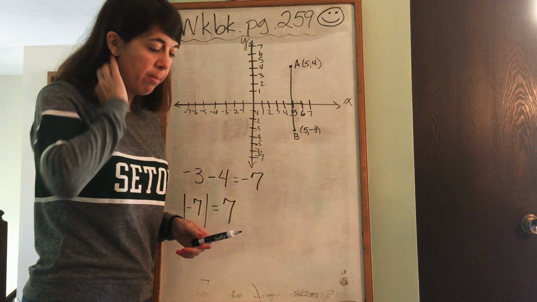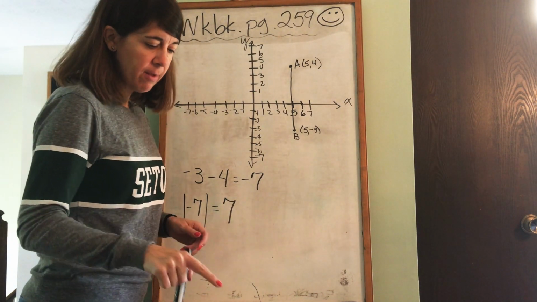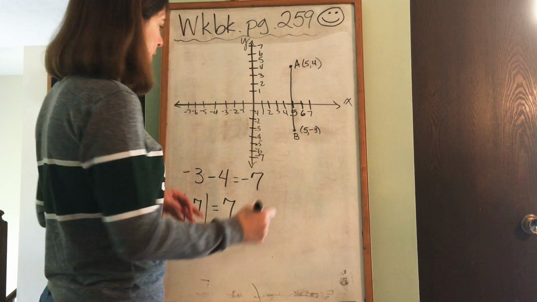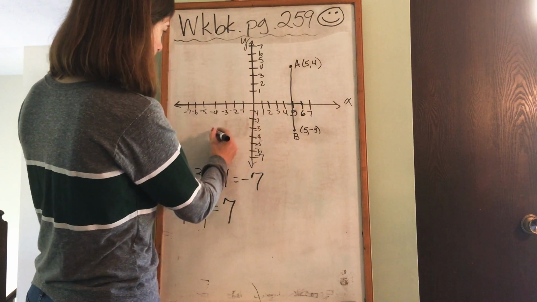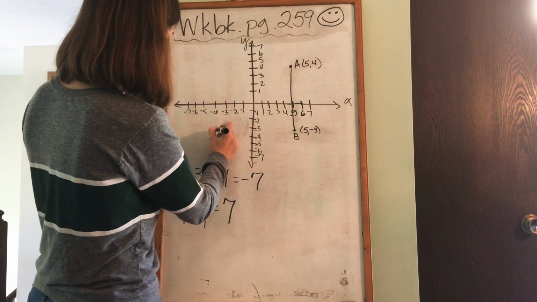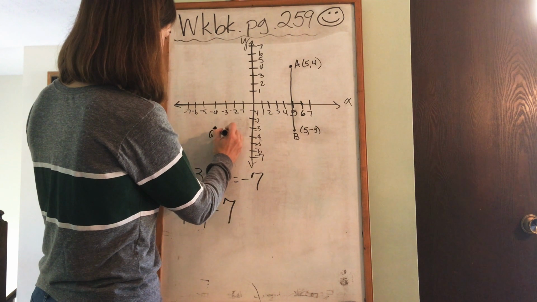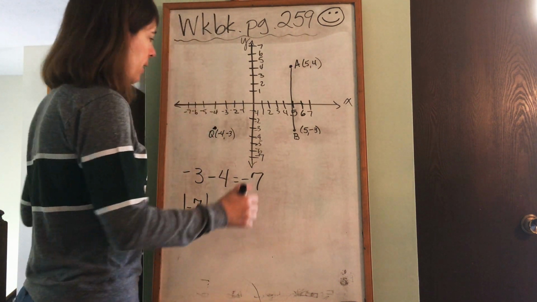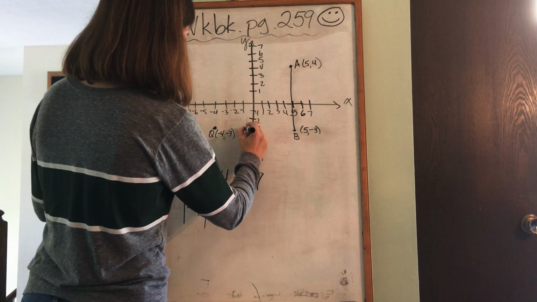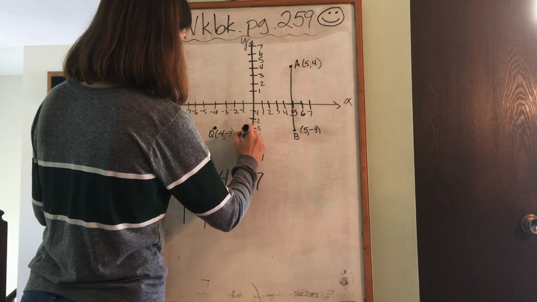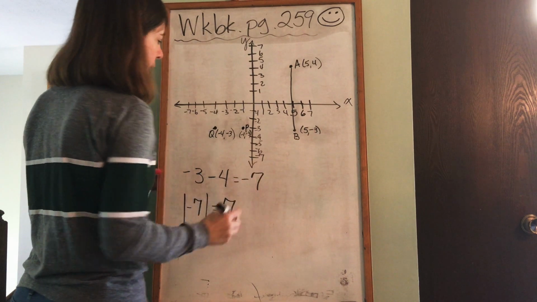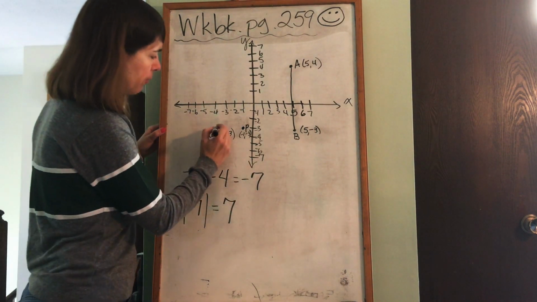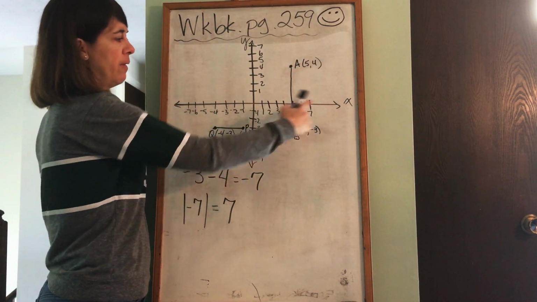The next example problem, halfway down the gray box, gives us the point Q, which is negative 4, negative 3. So we go over negative 4, and then down to negative 3. And then P is negative 1, negative 3. Negative 1, negative 3. Okay, so you'll notice here, if we connect those, that's parallel to the x-axis.